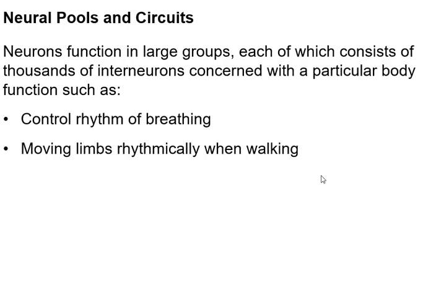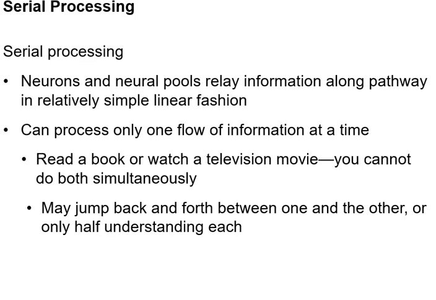You have to send the message down. So you've got some in your upper legs, you've got some in your lower legs, and then we usually swing our arms to help us maintain our center of gravity. So we have big neural pools and we have nerve circuits. So we're going to be talking about nerve circuits in the next couple of chapters.